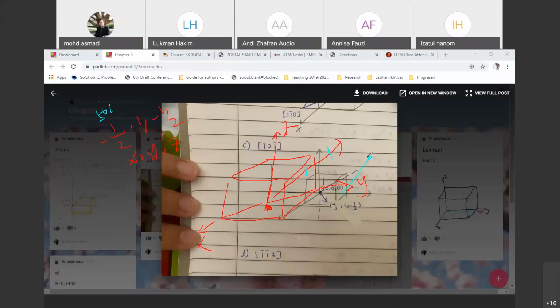As well as what else? This one is 100%. 50% for the x, as well as 50% for the z-axis, but negative. That means down here.